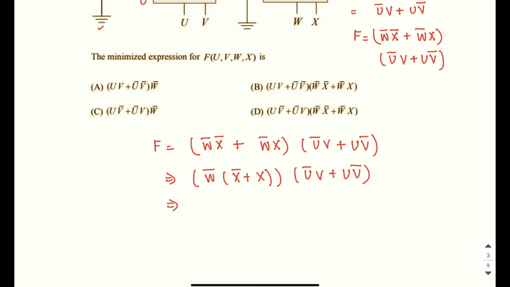So this becomes W bar with U bar V plus UV bar. So hence your answer is, if you see, the option number C, W bar with UV bar plus U bar V.